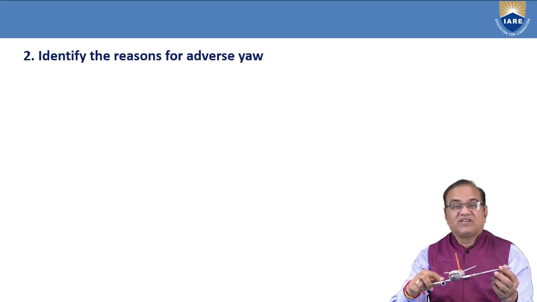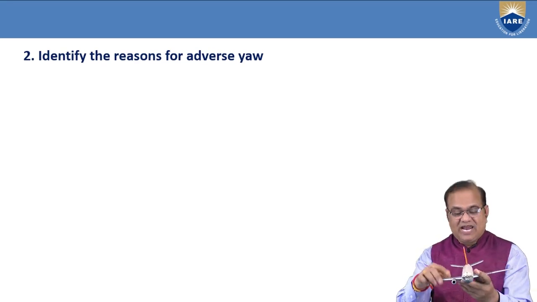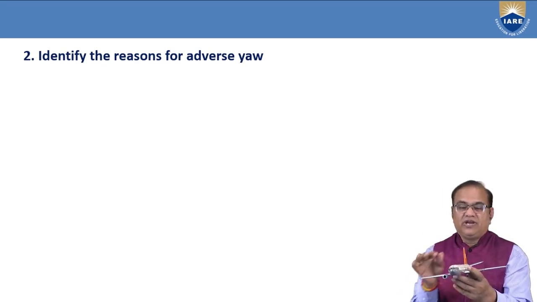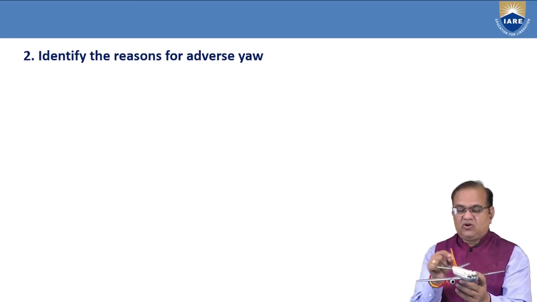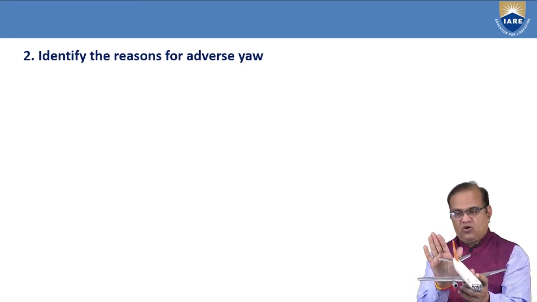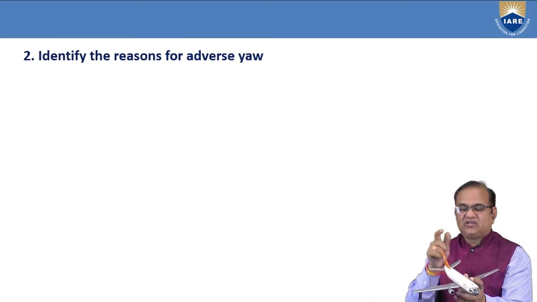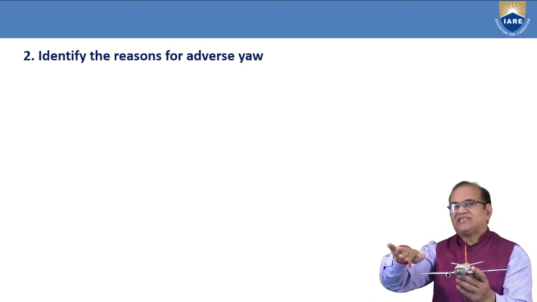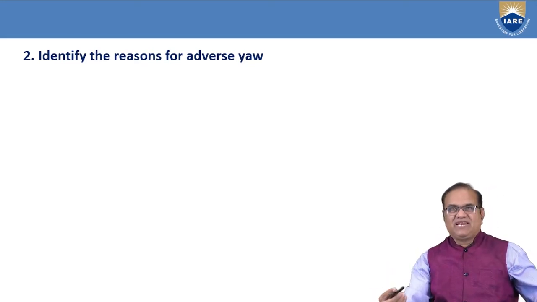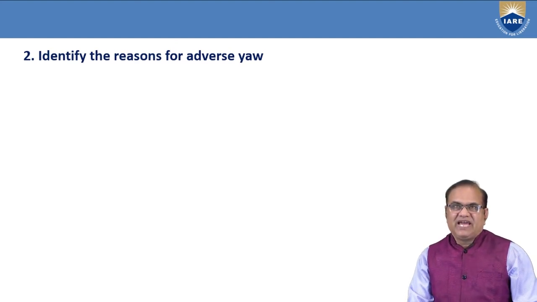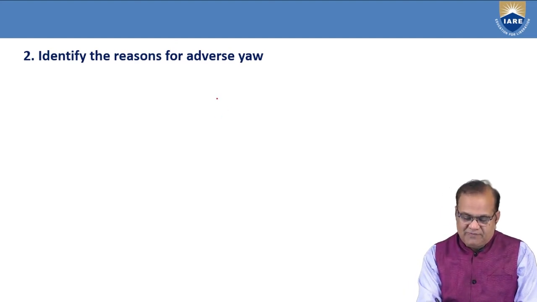This is called the adverse yaw. Adverse yaw has to be handled by the rudder. So it is trying to go like this, so the rudder has to go towards the right. So it will push like this. I am explaining again by the diagram how these things will happen.